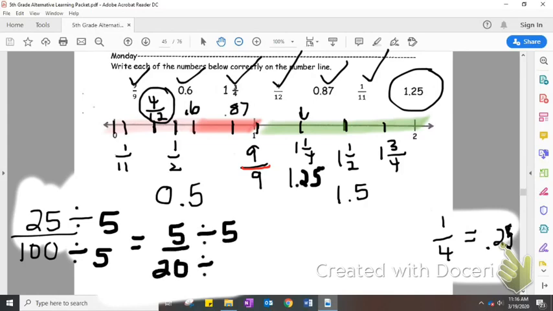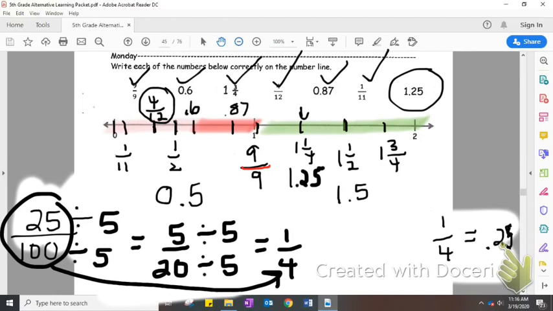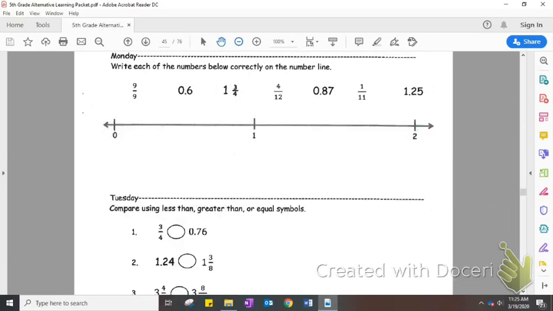And again, divisible by 5. 25 hundredths is the same as 1/4. Okay? That was a little messy. Sorry. Hopefully you were able to hang with me.